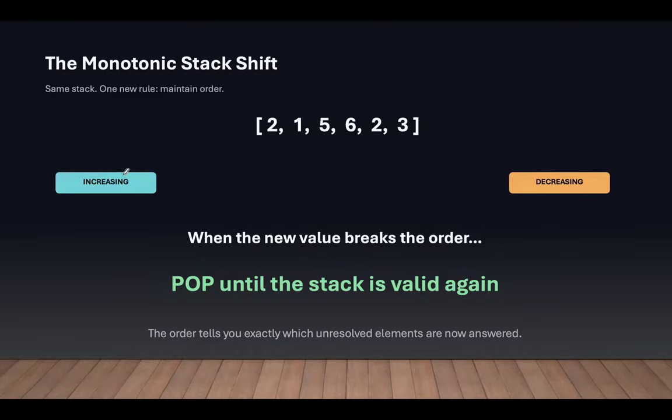We can have it in either increasing or decreasing order. Then when a new value breaks the order, we have to pop until the order is restored again. And the order will tell you exactly which unresolved elements are now answered. So let's see how.